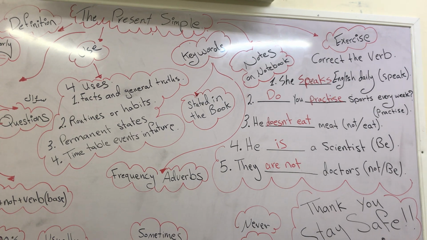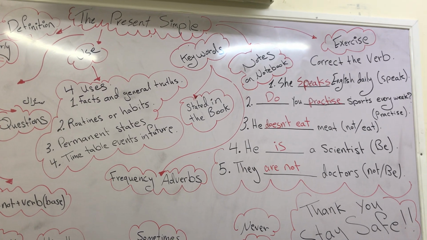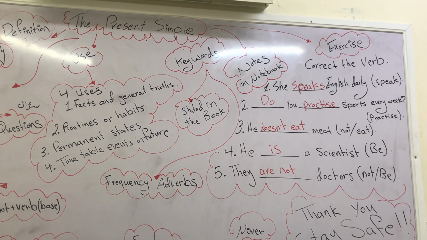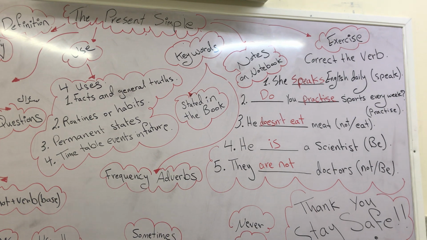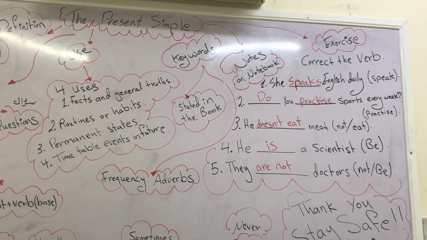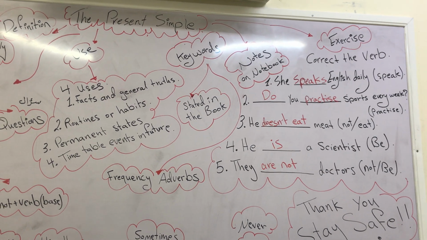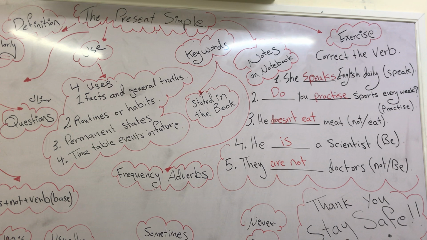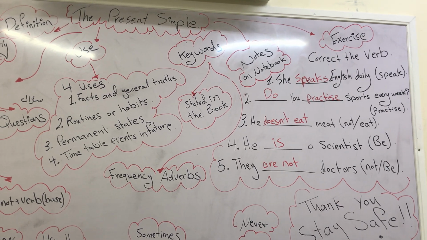Sentence number 4, he and I have a scientist. My verb is be, and we said that be becomes am, is, or are in the present simple tense. So here, because I have he, it takes is, so our sentence will become he is a scientist.